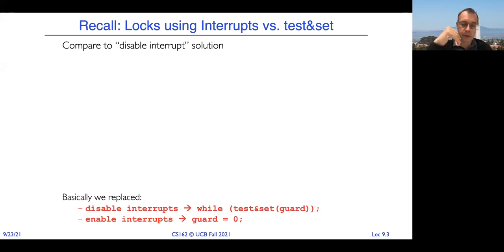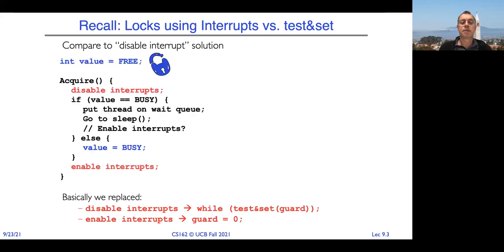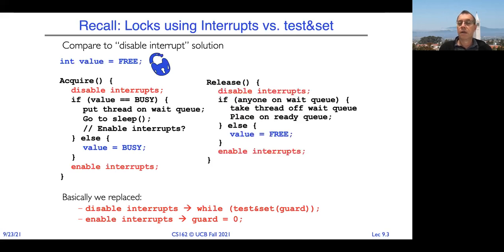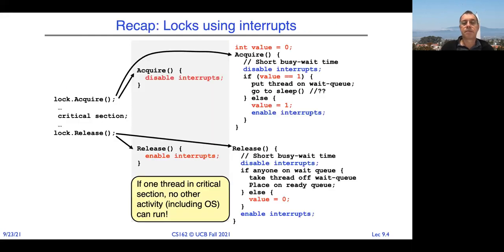You can think of while test and set as similar to disabling interrupts, and resetting guard to 0 is like enabling interrupts. This is again the code we went over last lecture, implementing acquire and release by disabling and enabling the interrupts.